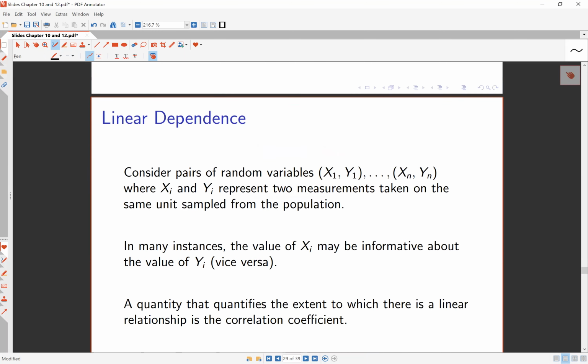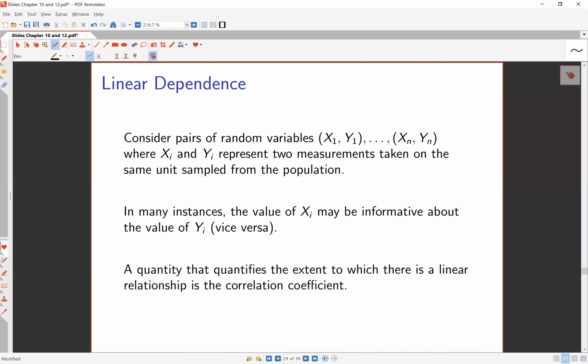What we're trying to get at today is measuring linear dependence between variables. So the setup we're going to assume is that we have pairs of random variables. We observe x, y pairs of data. So the x and the y with the same subscript represent measurements taken on the same unit sampled from a population.